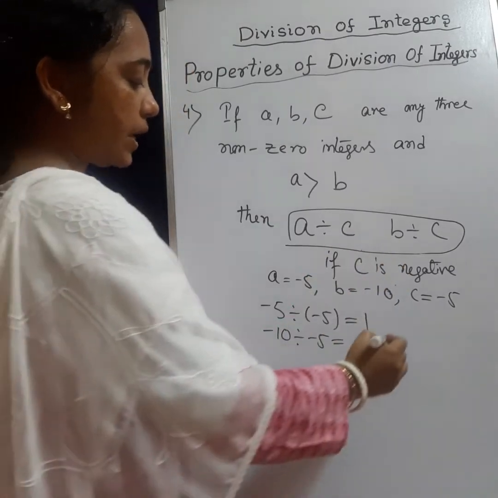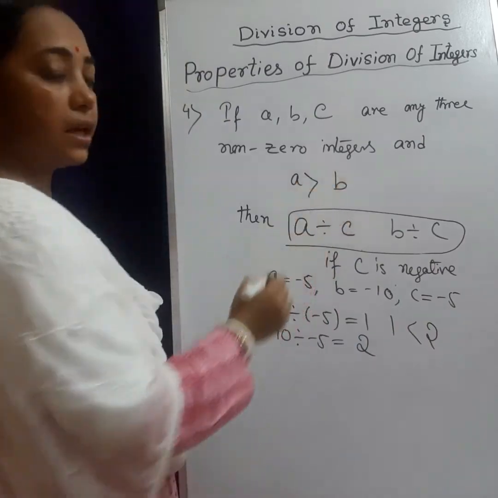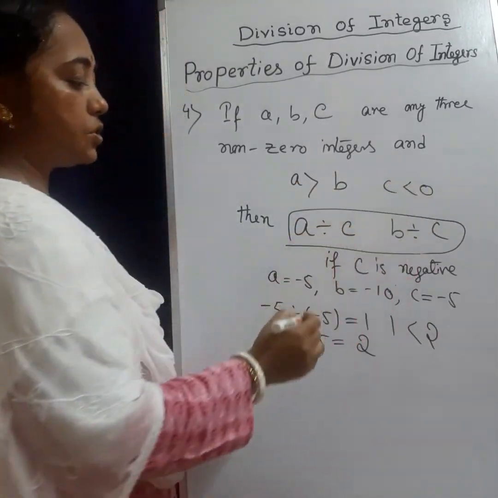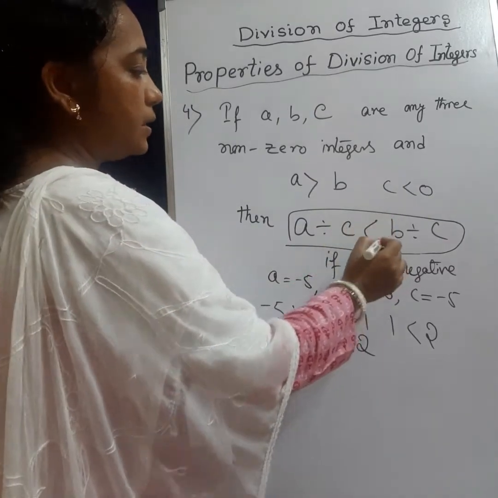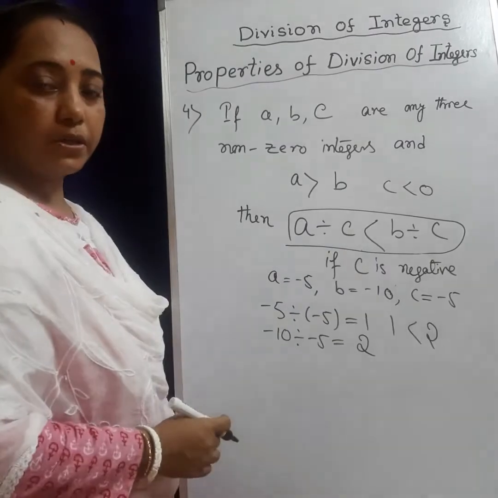So in that case, we can find that 1 is less than 2. So here if a is greater than b and if c is less than 0, then a ÷ c is less than b ÷ c. So this sign will reverse.